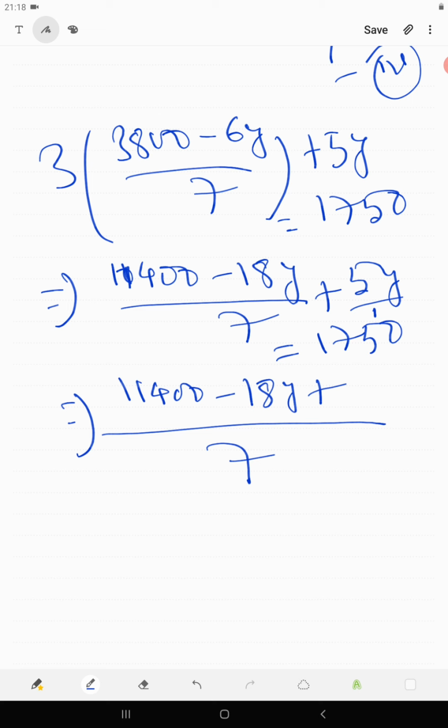So 7 by 1 is 7, 7 into 5y is 35y, that is equals 1750.